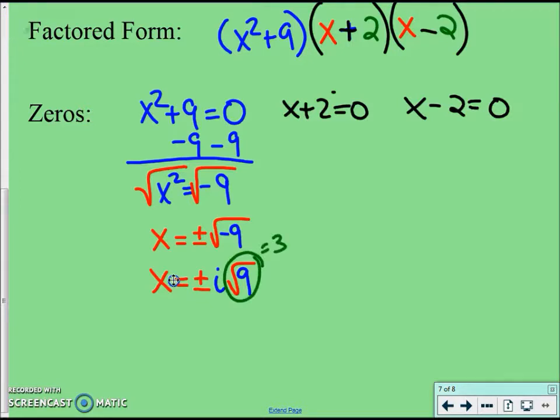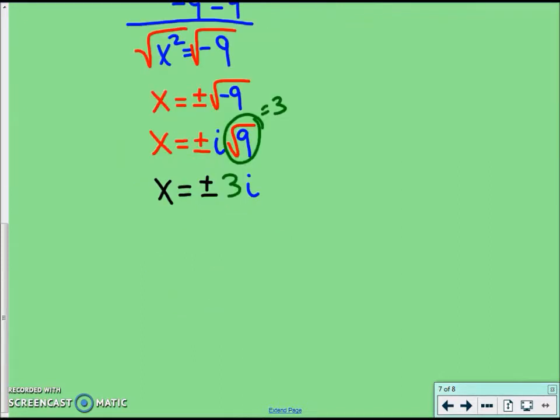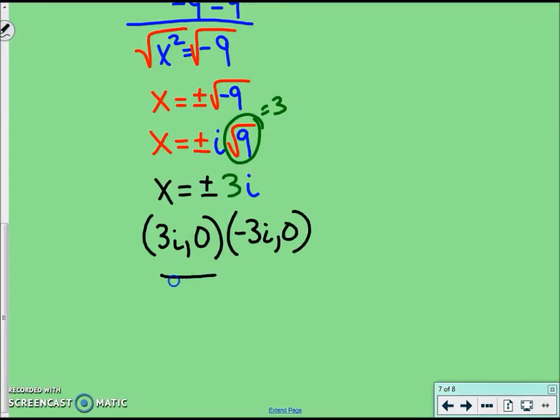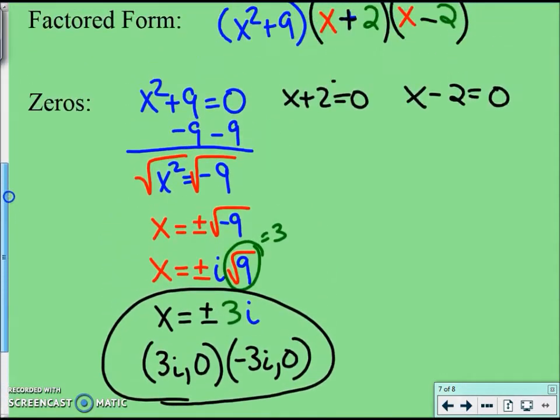So my final answer is x is equal to plus or minus 3i. And the associated x-intercepts would then be 3i, comma 0, an imaginary root, and negative 3i, comma 0, another imaginary zero. Plus or minus 3i would be my roots there.